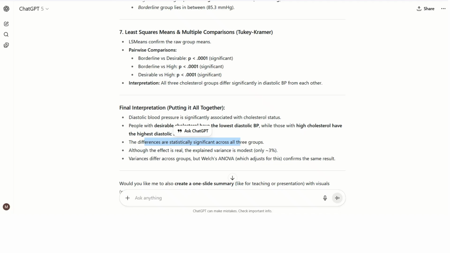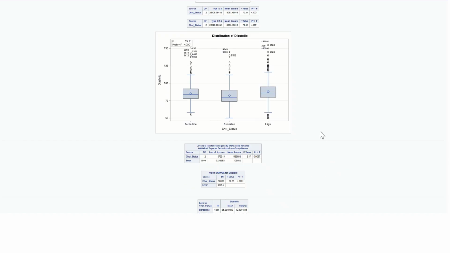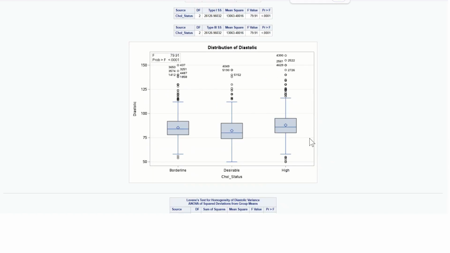We did not paste the visuals here, which we can check directly in the SAS results. We see that the box plot for those who are desirable is the lowest. We can visually see that it is low. Borderline had slightly higher, and those who had high cholesterol, their box plot is even higher placed in this visual.